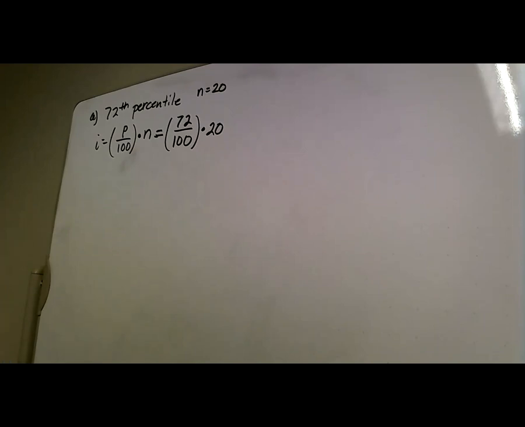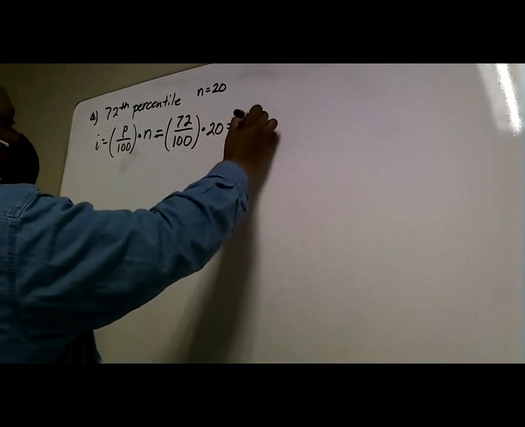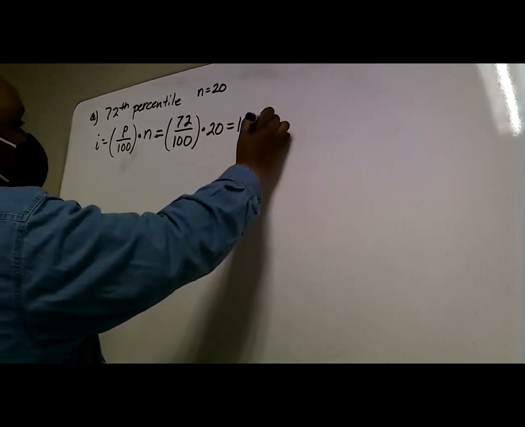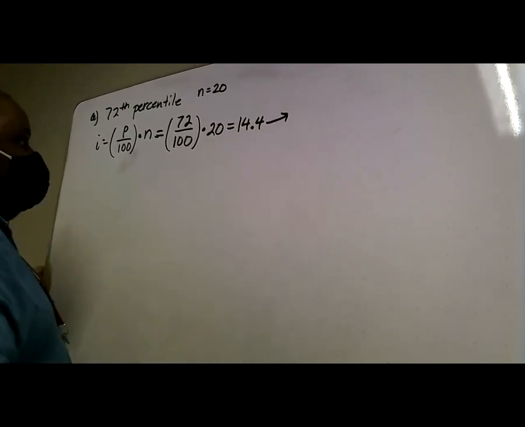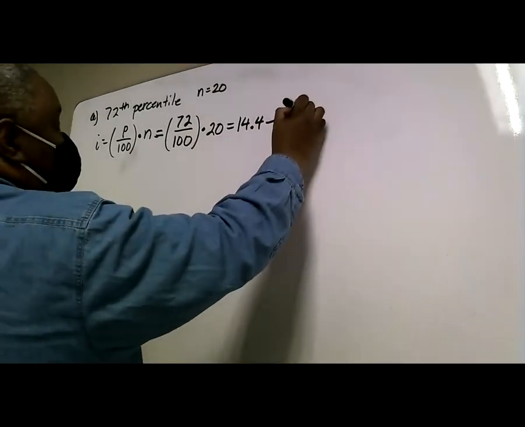So what's 72 divided by 100 times 20? 14.4. Here we came up with a decimal. That means we need to round this up to the next larger whole number. Round it up, 14.4 would be 15.